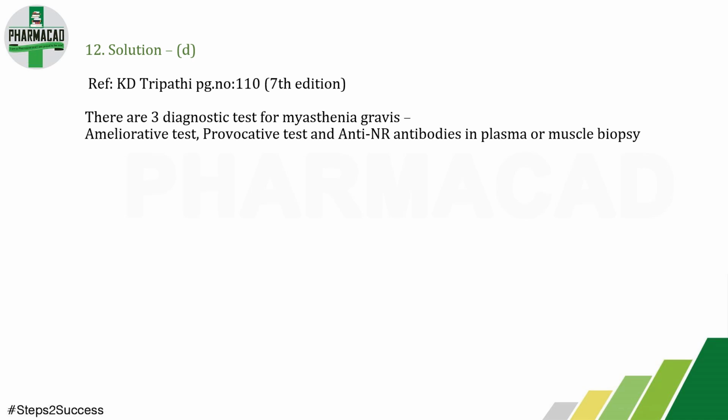The correct option amongst all four is option D, both A and B are correct. For the myasthenia gravis diagnostic test, we have the ameliorative test, the provocative test, and the anti-AChR antibody detection test in the plasma or muscle biopsy. So remember, the ameliorative and provocative tests are important for the diagnosis of myasthenia gravis.